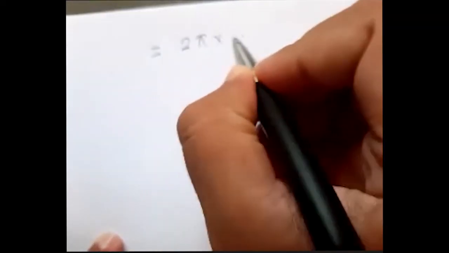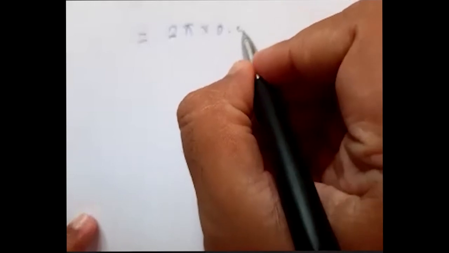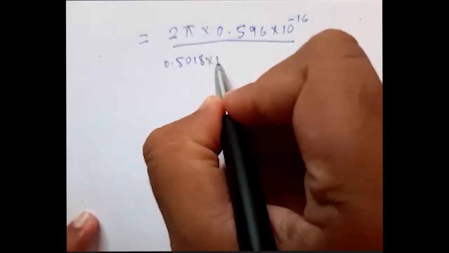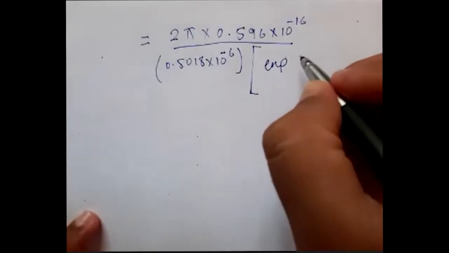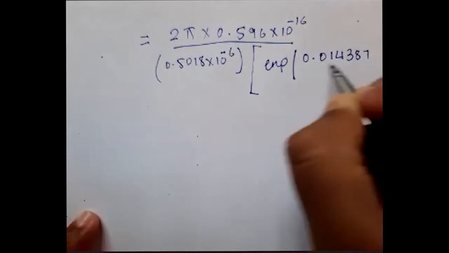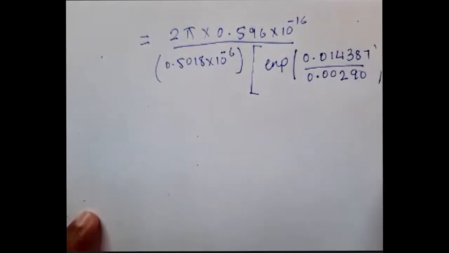I substitute all the values in Planck's equation. When we substitute the values, it will be 2 pi into 0.596 into 10 raised to minus 16 divided by 0.5018 into 10 raised to minus 6 into exponential of C2, it is 0.014387 divided by 0.00290, minus 1.